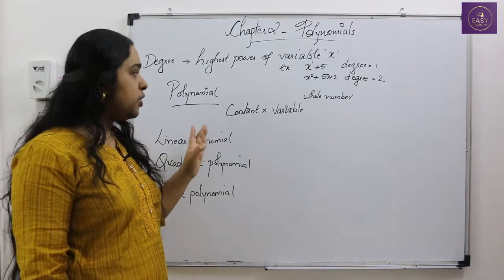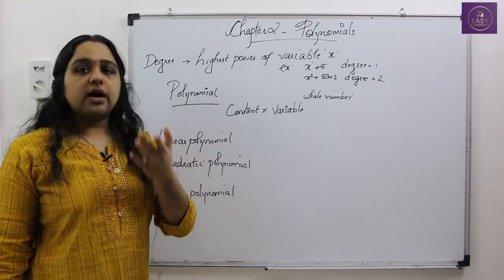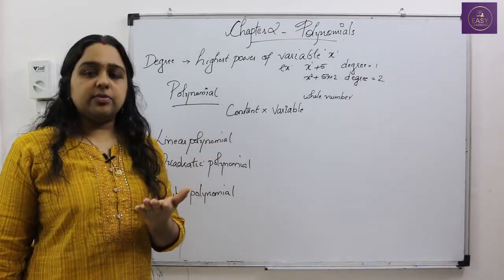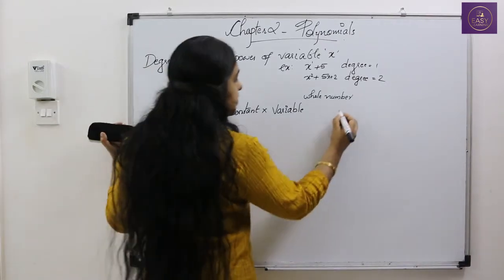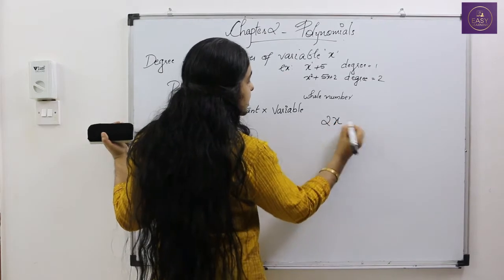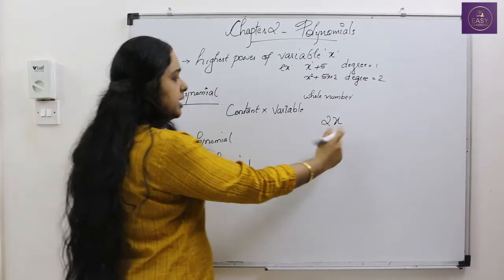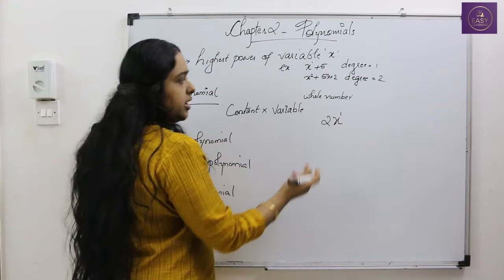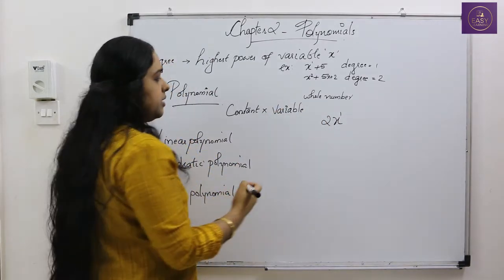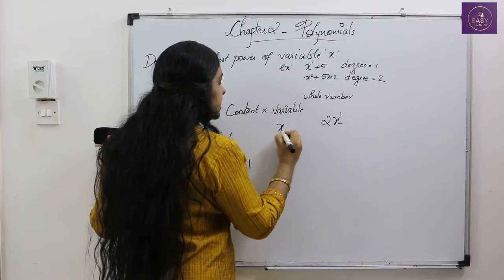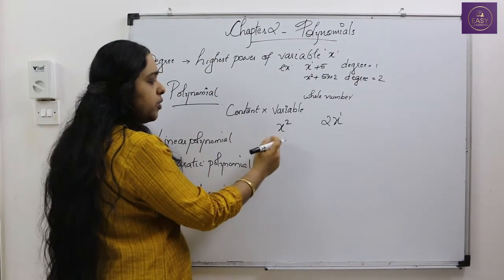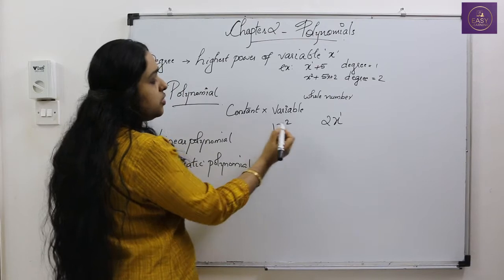For example, 2x is a polynomial. The power of x is 1, and 1 is a whole number. Or simply, x square is also a polynomial. X square means 1 times x square.